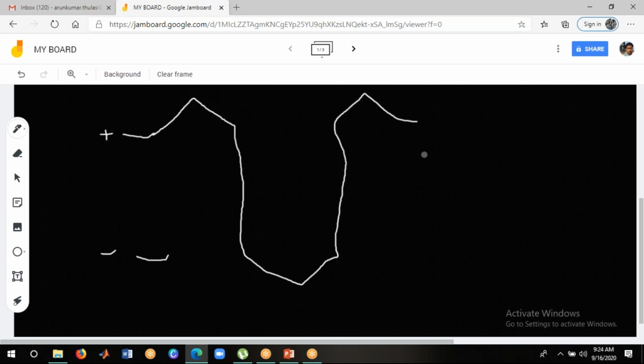Let's consider this is the positive wire and this is the negative wire. This is the way of arranging the positive wire.